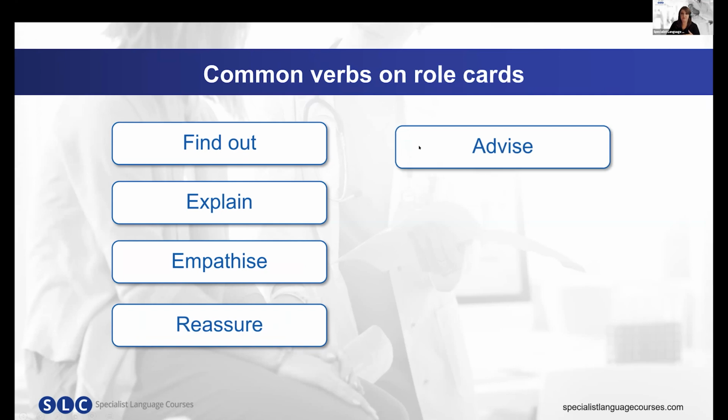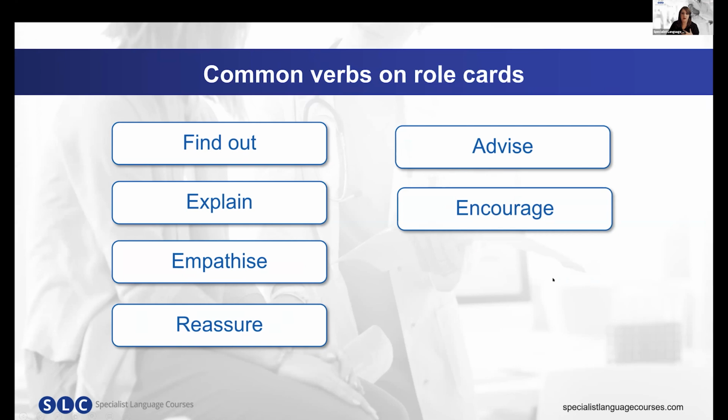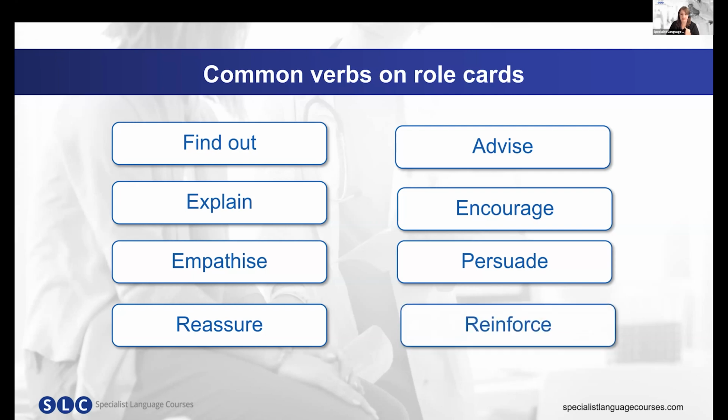Advise, as quite a lot of you have mentioned. Encourage if you have a reluctant patient. Persuade, you may see persuade or stress the importance of a particular course of action. So if you have a reluctant patient, you might need to stress the importance of taking their medication. And we might also have reinforce as well.